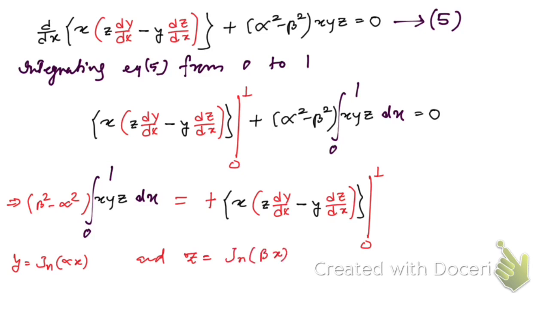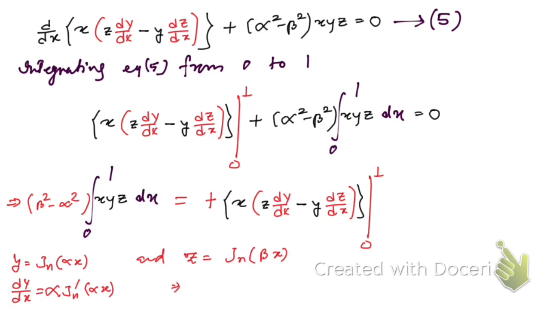So that's why dy by dx, if we differentiate this, then we have Jn dash of alpha x, then again this is a function of a function, so you need to differentiate what is within the bracket. If you differentiate alpha x, you get alpha, so you must write this as alpha Jn dash of alpha x.